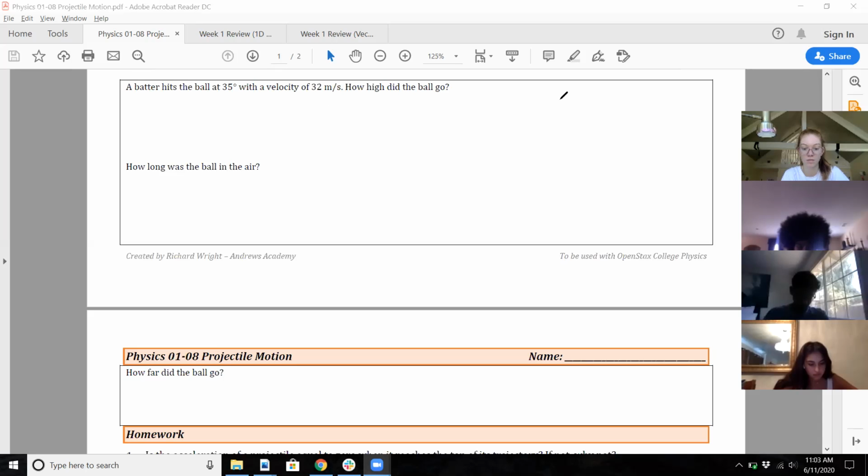Okay, a batter hits a ball at 35 degrees with a velocity of 32 meters per second. How high did the ball go? So what I want to do first, it's still the same stuff that we've always been doing with kinematics, but you want to actually, so this is your initial velocity.